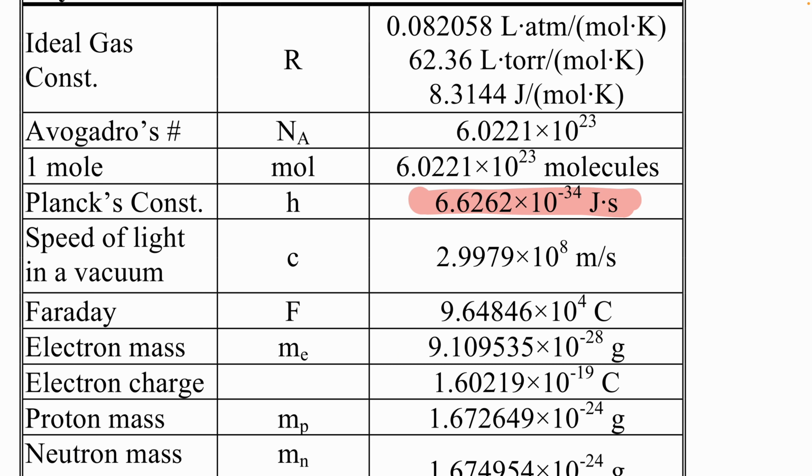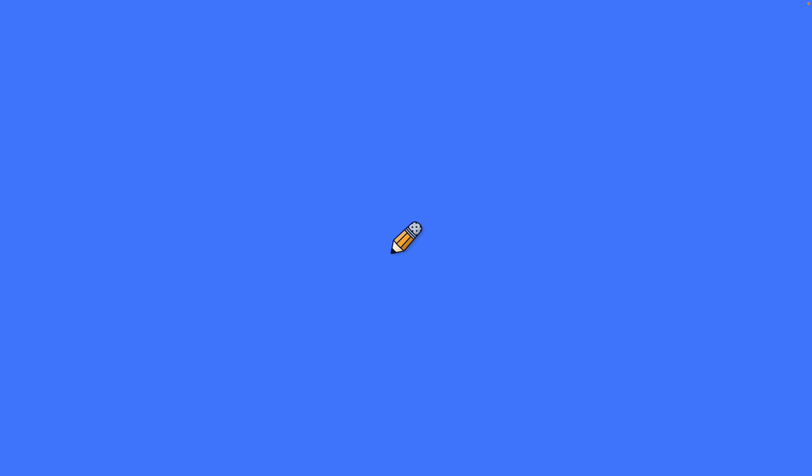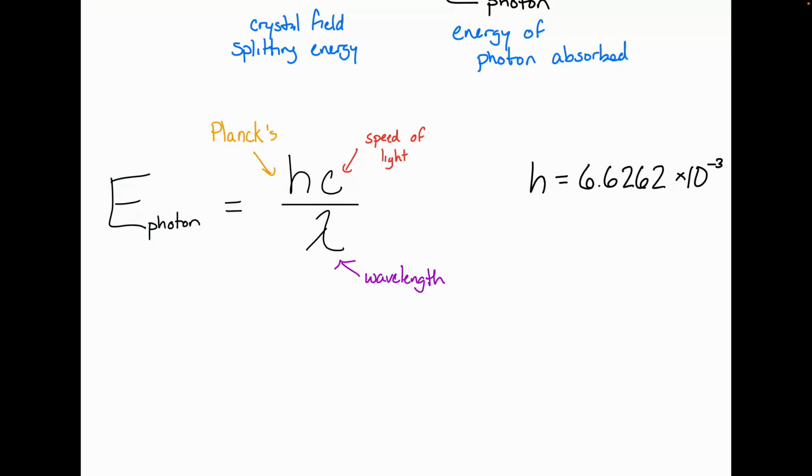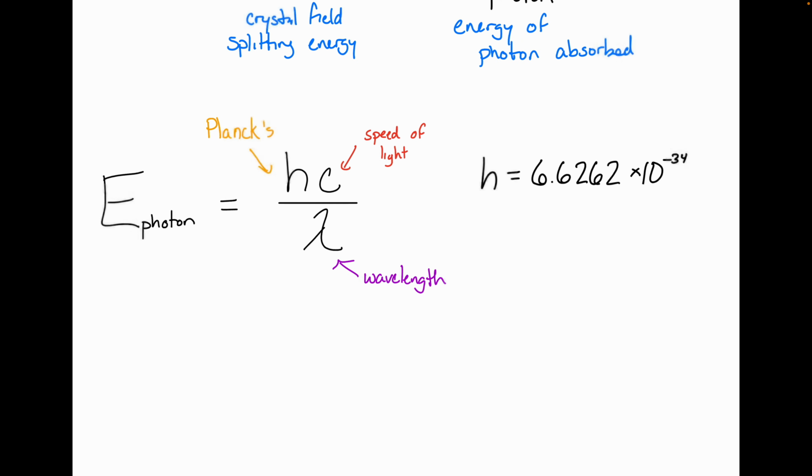All right, and our speed of light we're going to use from our constants page here, 2.9979 times 10 to the 8. Yeah, so let's note our units as well.